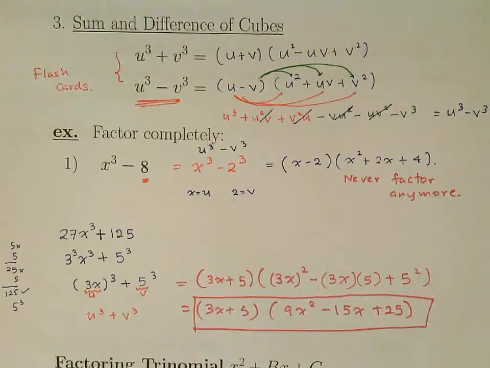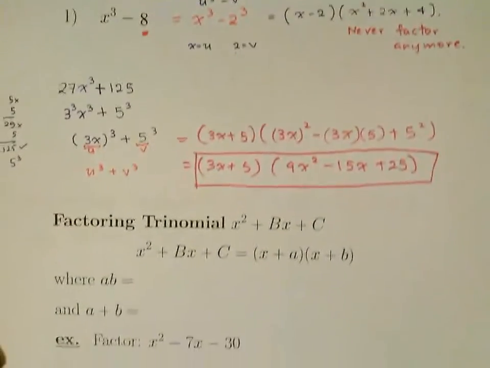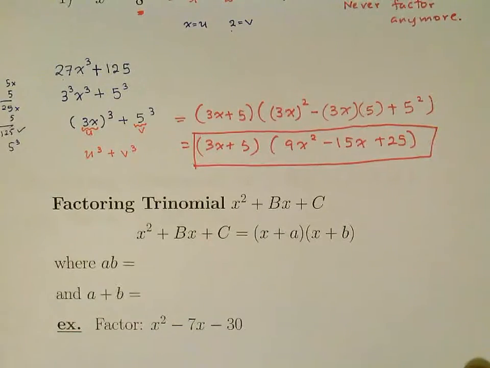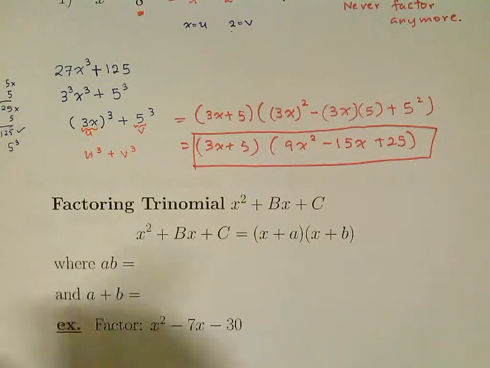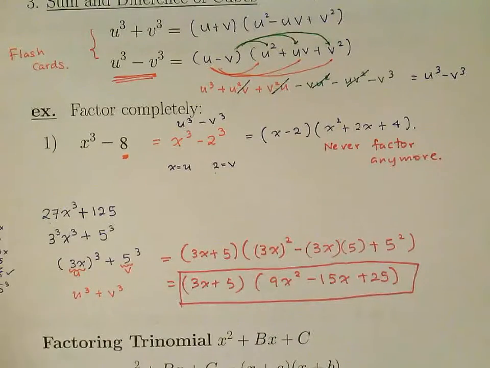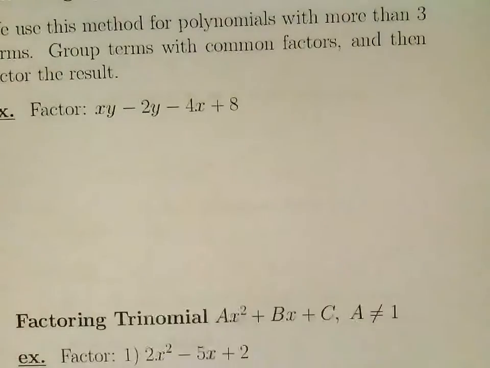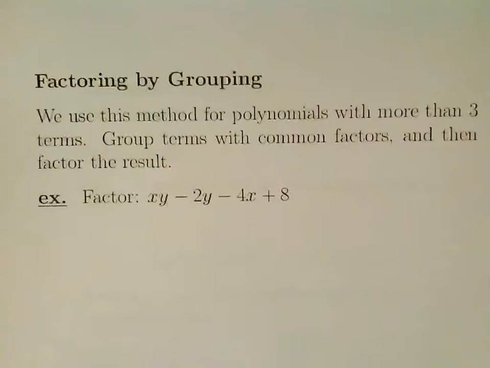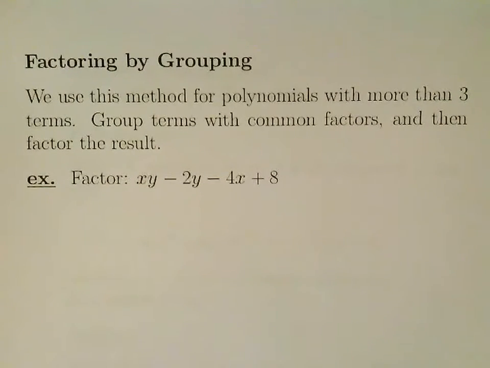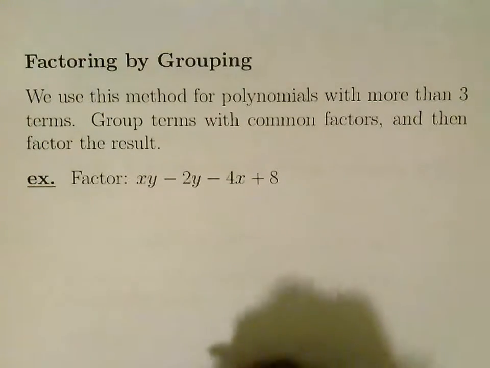Okay, so let's move on to factoring trinomials. Now, as you might have noticed, I skipped this in class and I went to factoring by grouping. So let us just revisit that. Okay, factoring by grouping. So remember what I did here.